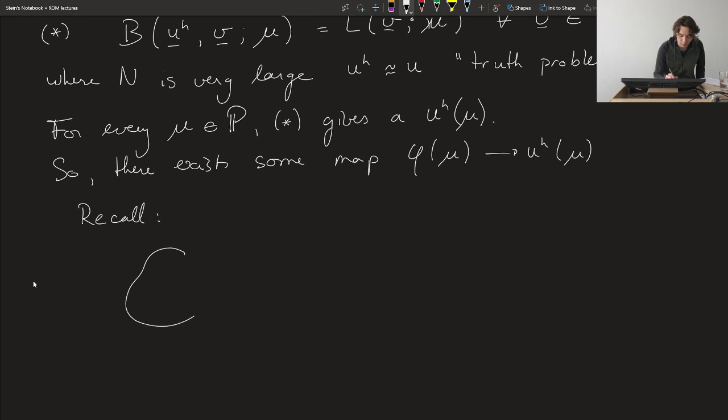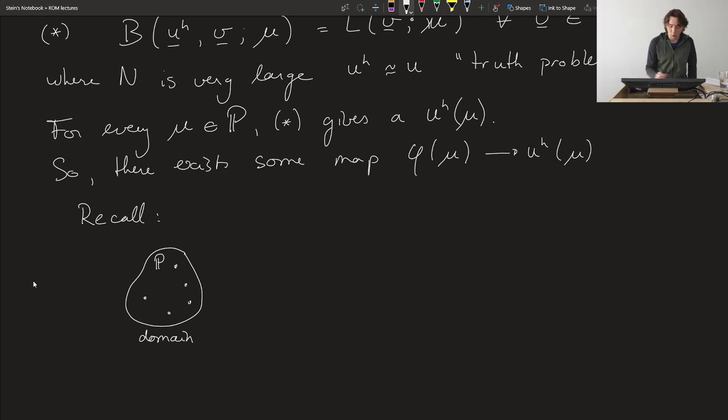The domain is the possible range of inputs. So those are all possible inputs that I will allow myself to feed to this mapping. Well, that is precisely our parameter space P. Now there might be only a couple of points in there, so this could be a discrete space, but this could also be a continuous space. You might have some subsets of the real number line, so there could be infinitely many points in there.